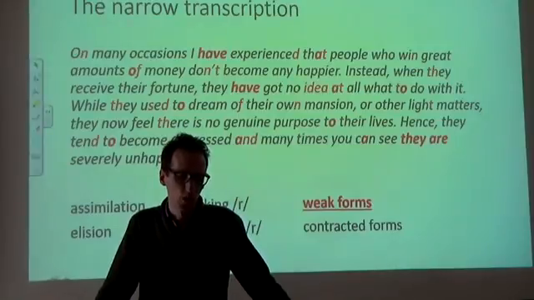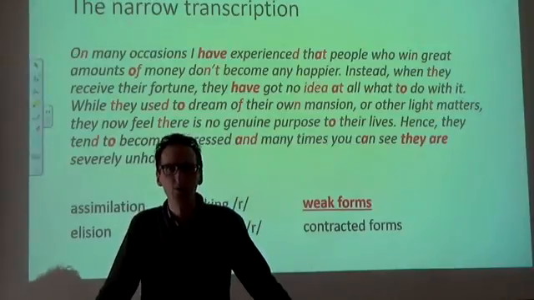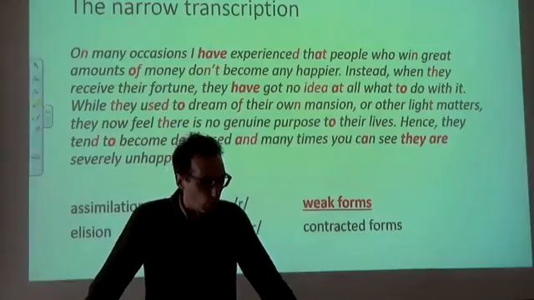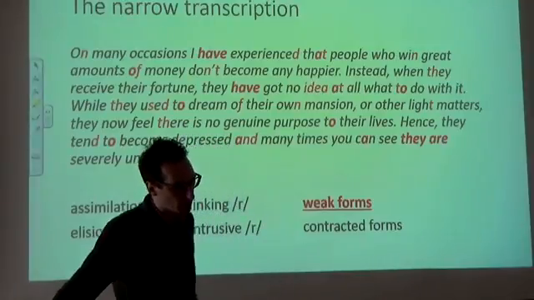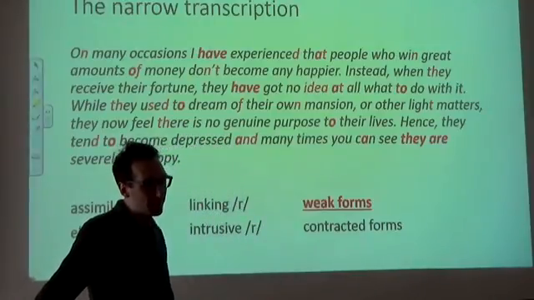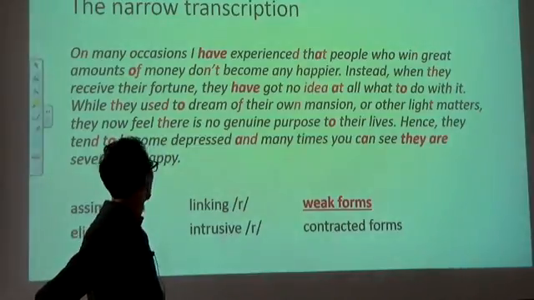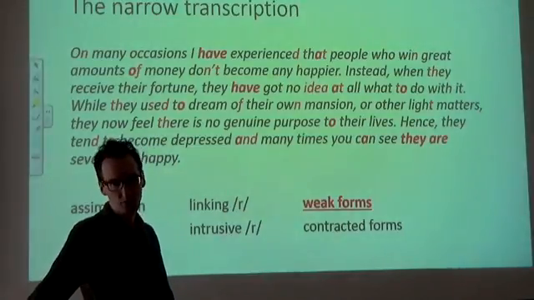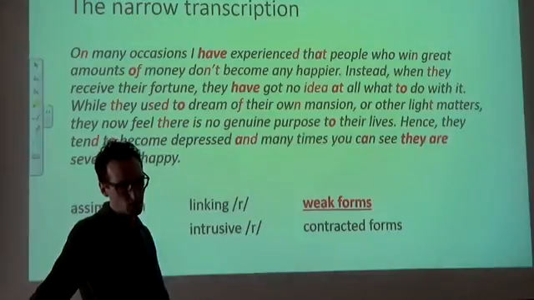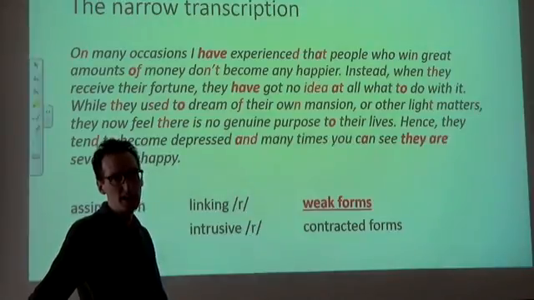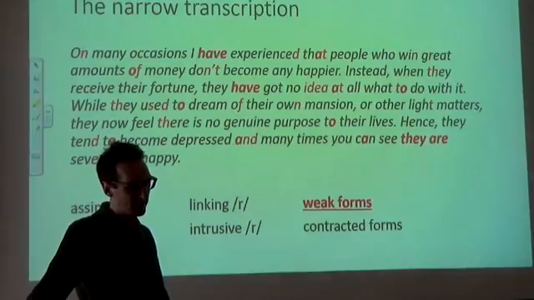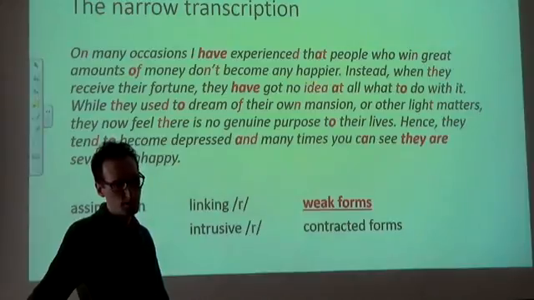So that's why I told you, try and look for the weak forms first. However, what I do is I just read it very carefully, very slowly. On many occasions, right? That's the first one. On many occasions. On many. Assimilation. The N in Nicholas becomes an M in mama.